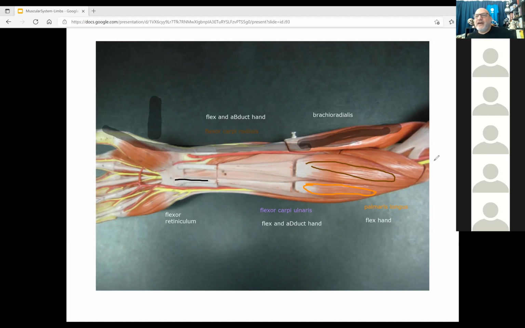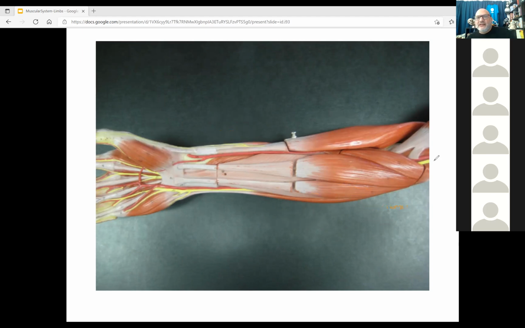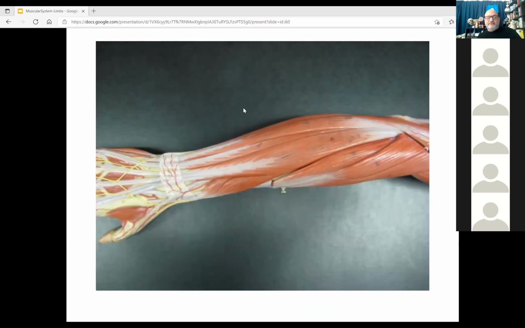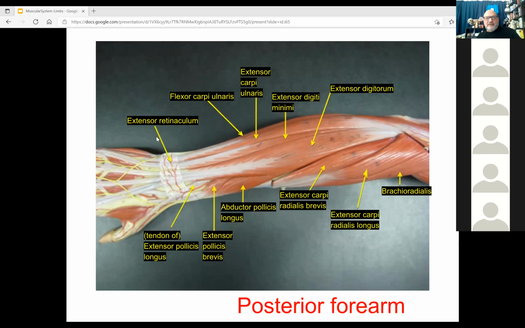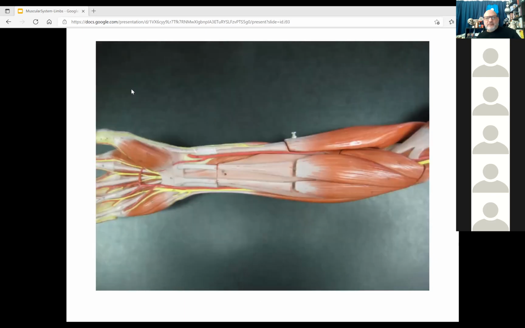And notice if we have a flexor retinaculum, what might the other structure be? Extensor retinaculum. And notice we see that on the posterior side. So again, there's the extensor retinaculum.